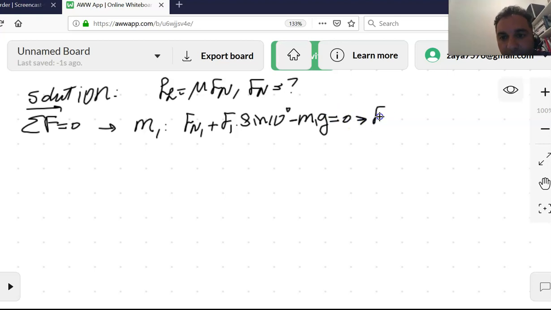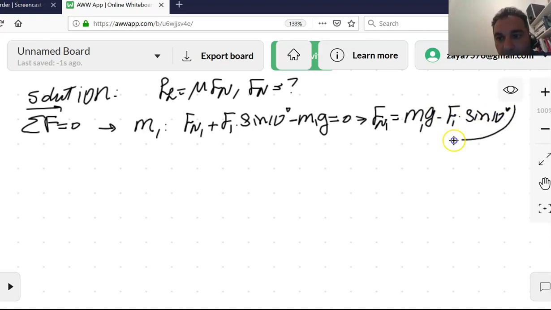So finally, Fn1 becomes M1G minus F1 sine 10, correct?